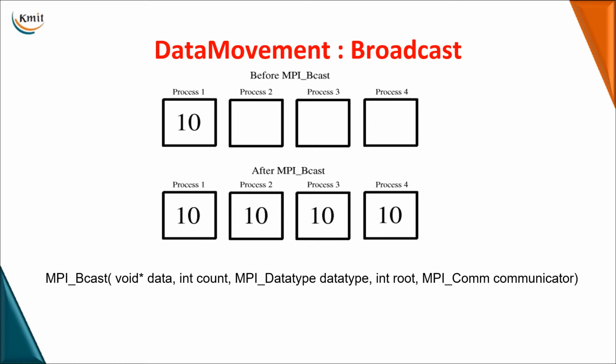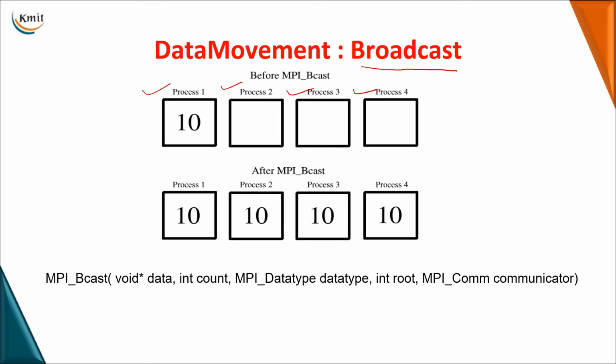For this to be executed, we generally use the function MPI_Barrier, using which you can perform your functionality. Now coming to the next one, data movement. The first operation here is broadcast. As the name implies, broadcast, out of the four processes, collective means a group of processes.